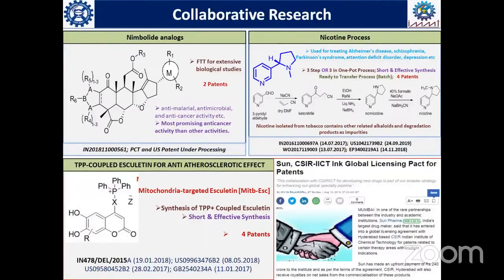Being synthetic organic chemists, we could design and develop a few more analogs over the natural nimbolide, and we screened all those analogs with reference to nimbolide. Luckily, one of the analogs showed much better activity in comparison to nimbolide itself.